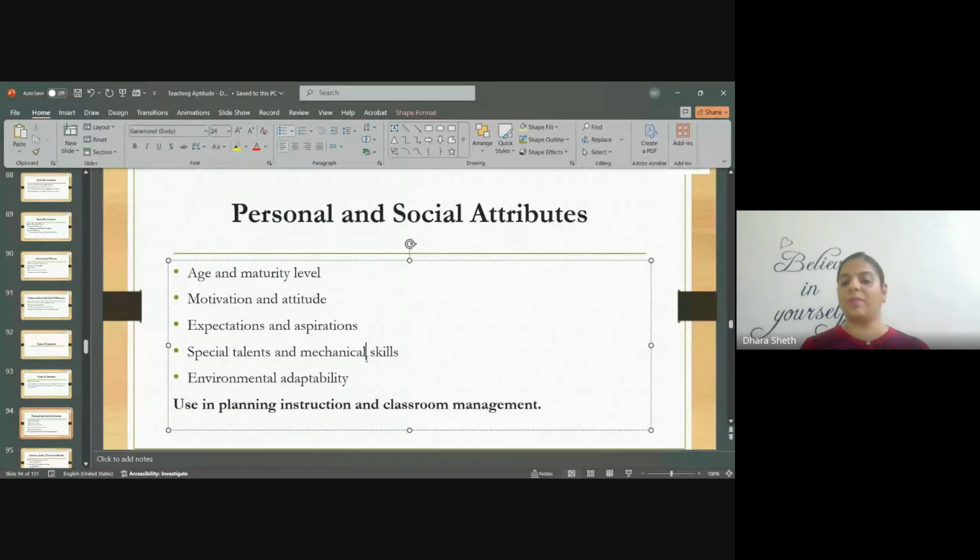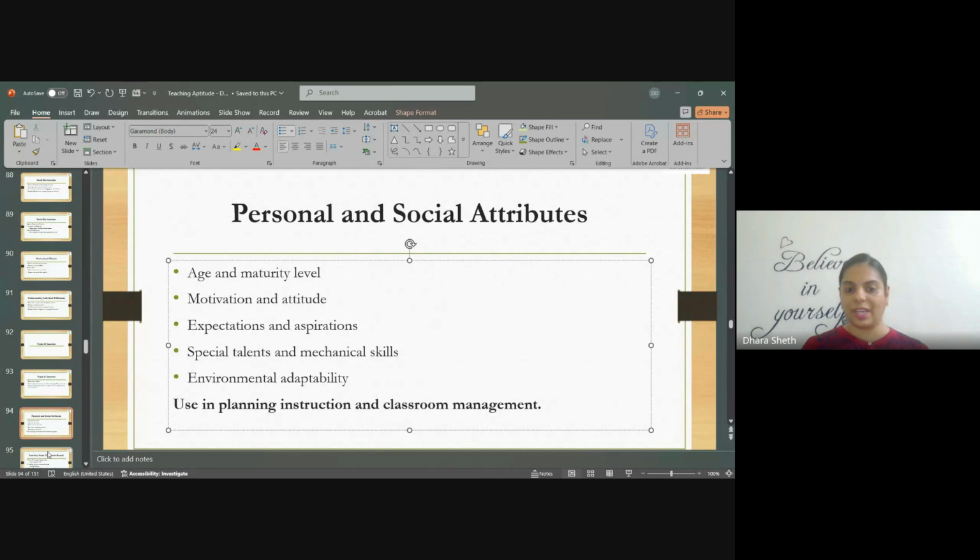Someone is good in sports, someone is good in academics or rote learning, someone is good in application based. So everyone has different skills and everyone adapts to their environment in a different way. Some people are happy doing group activities, some people are happy doing individual activities. So these are personal and social attributes based on which different kinds of learners are there.